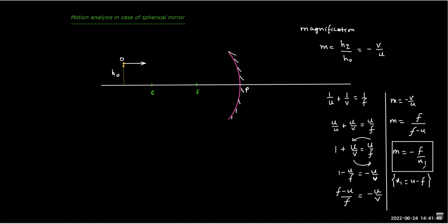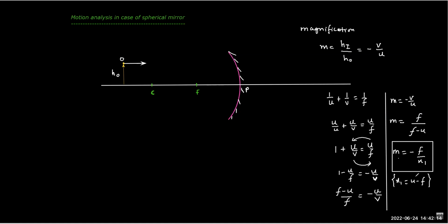If x1 is 0, m becomes infinite. So when the object tends towards the focus, the image tends towards infinity. It will be infinitely magnified, which means the image will be infinitely away from the principal axis. Correct.